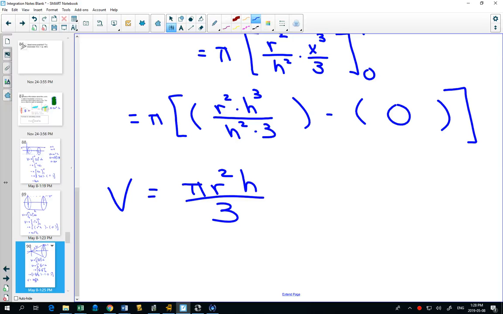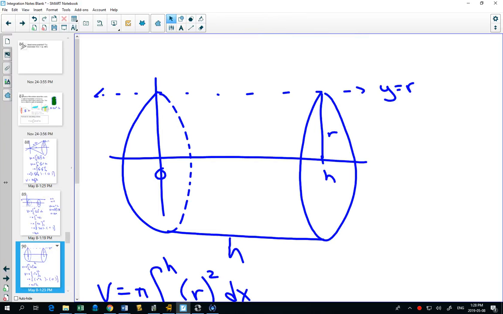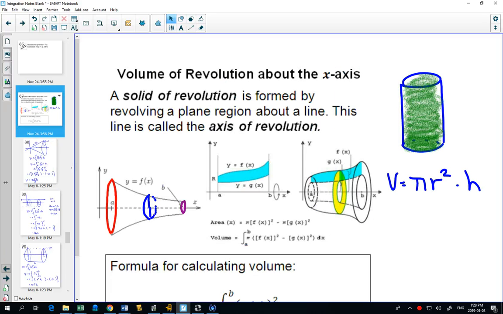Now, we showed this idea of adding up a bunch of circles could be used to find some formulas we already know. But now we can find all sorts of interesting volumes. Whatever shape is here, we can rotate it 360 degrees. We can square that function, and we can calculate its volume.